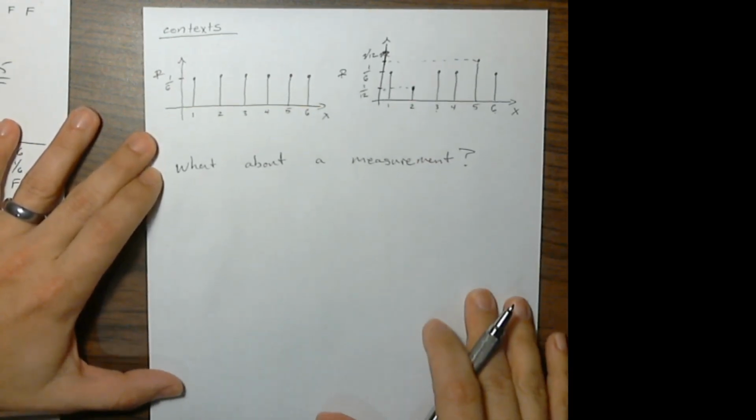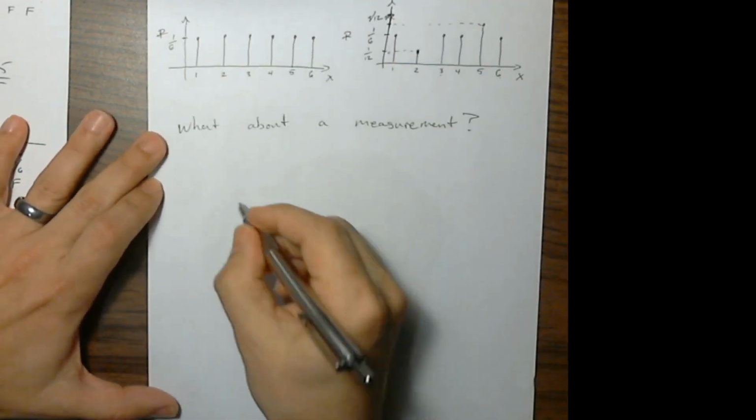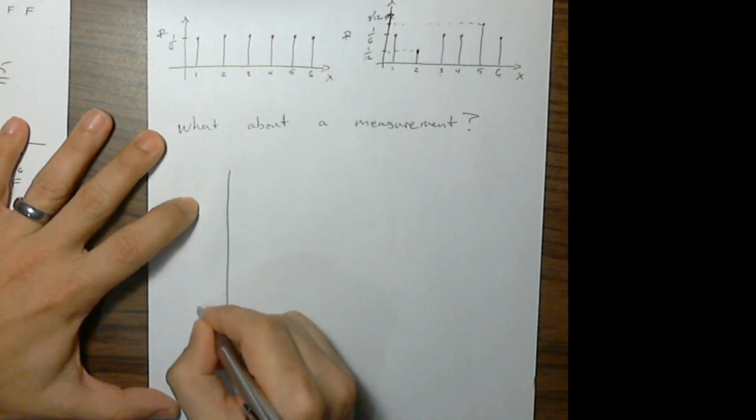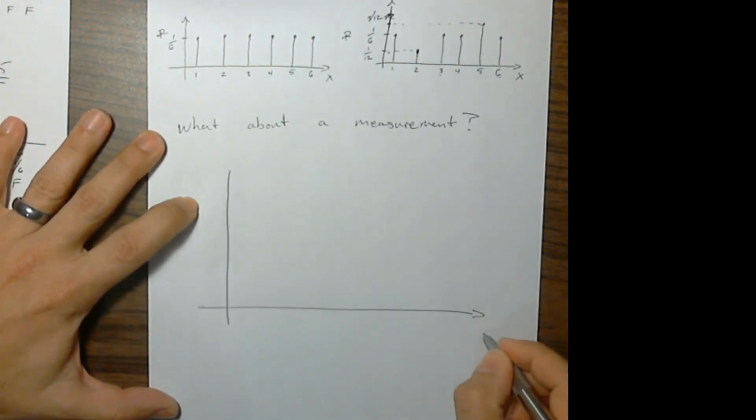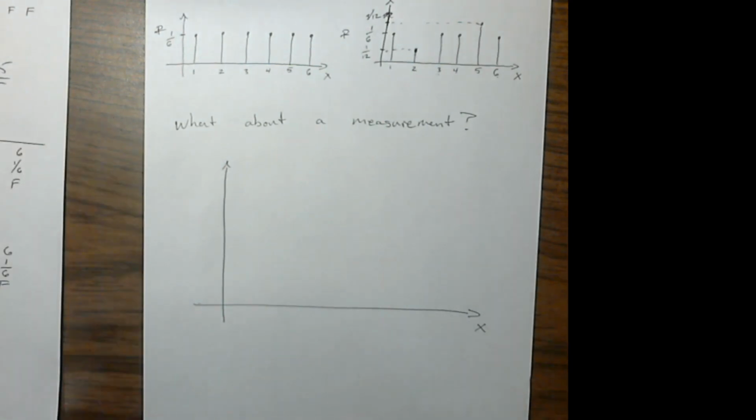So what about a measurement? We're dealing in die rolls here, so what about a measurement? Now x could be, well, whatever. It could be a pressure, it could be a length, it could be just about anything, really. Well, if it's a length, I can't pretend with a straight face that my length values can only have discrete values.